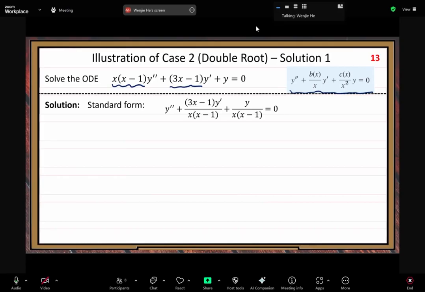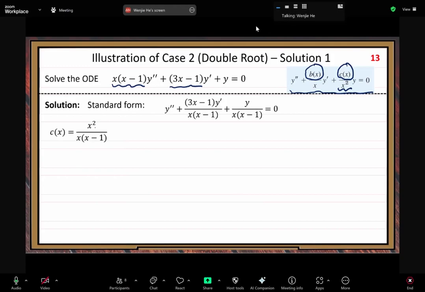Because we need to use the power series representation for B of x and C of x. So now, we first take out the C function. C function over x squared equals this function.